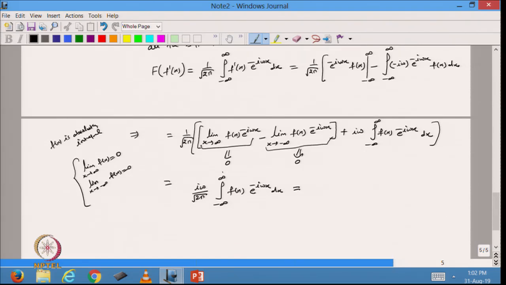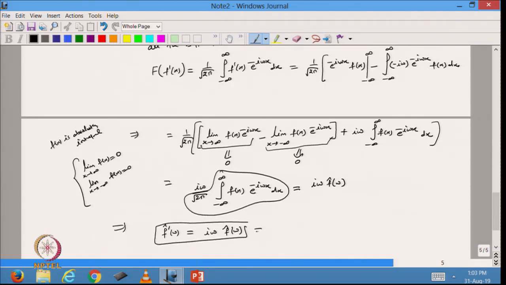And if you see, this is the Fourier transform of the function f(x). So, this is equal to i omega times the Fourier transform of the function. So, from here I can say that f dash hat of omega is equal to i omega f hat of omega.